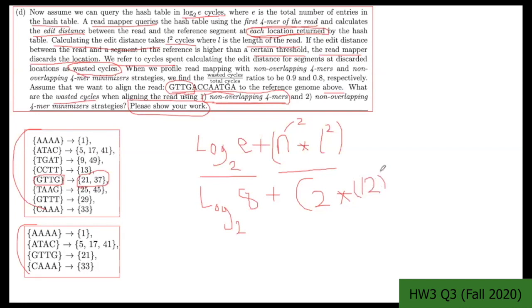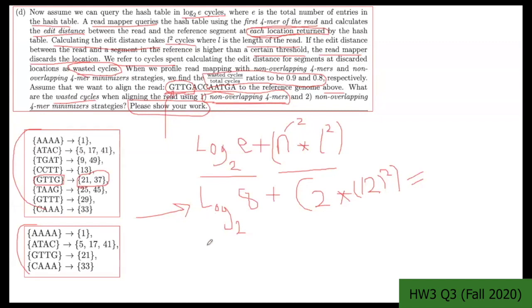times 2. Now this is not the answer, because the question is not asking for the number of cycles, but rather it's asking for the number of wasted cycles. And this equation will give you the total number of cycles to perform read mapping for this read. This will give you a number. And now, based on this equation, which is wasted number of cycles over total cycles, we can calculate the wasted cycle.